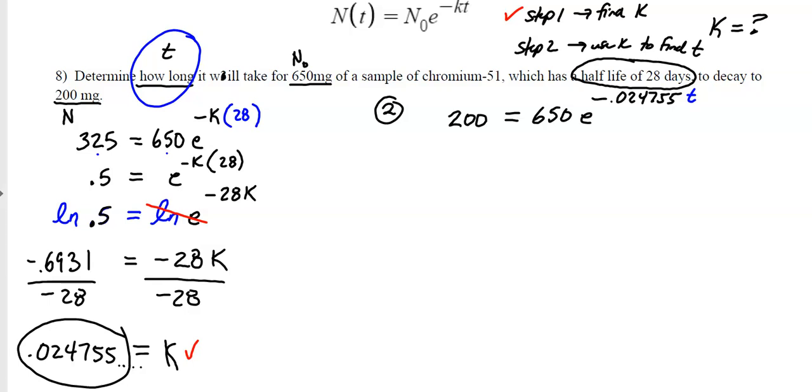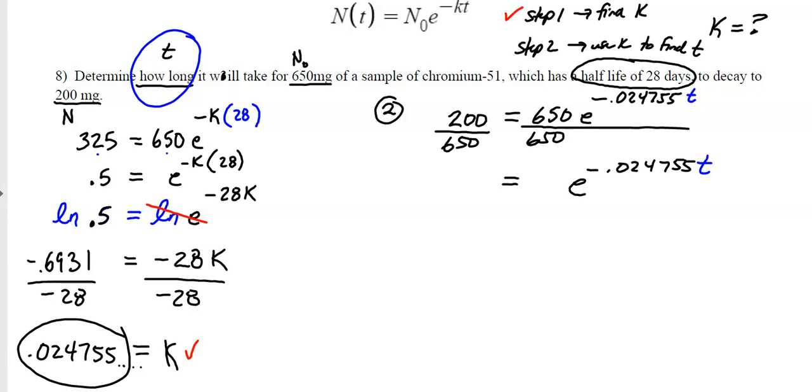In this case, I'm going to divide both sides by 650, because I want to get that e term by itself. So divide by 650. And over here, I'm going to get e to the negative 0.024755 t. And on the left-hand side, some classes probably just have you leave that as a fraction or simplify the fraction.